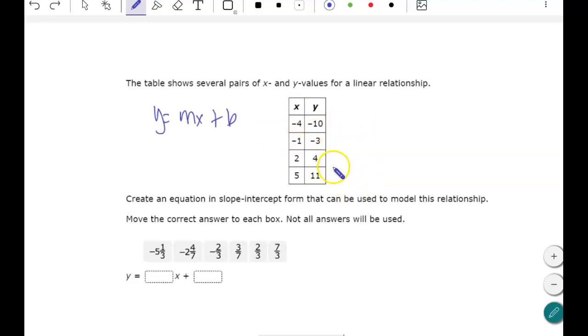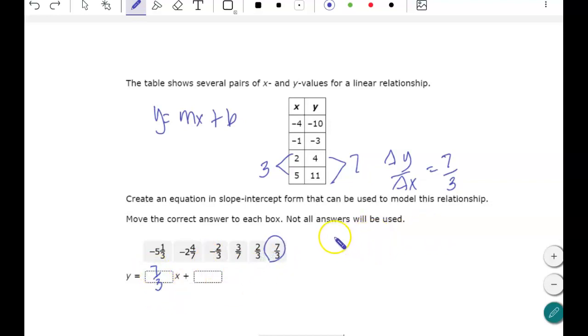Because it's a linear relationship, you can take any two points and find the change in y over the change in x. That goes from 4 to 11, so that is 7, and this goes from 2 to 5, so that's positive 3. So the slope is 7/3.